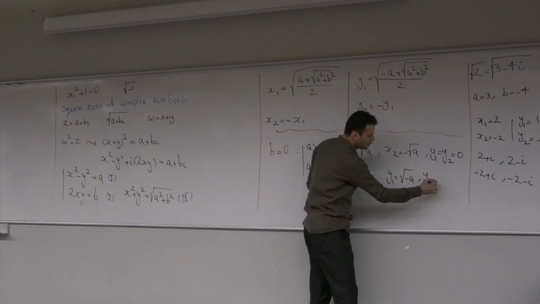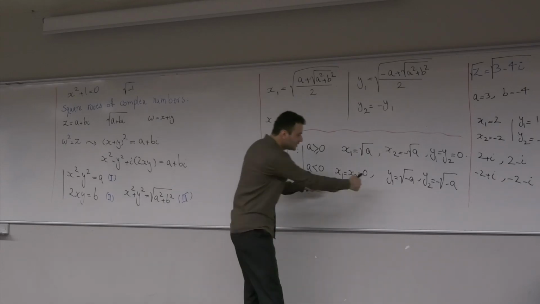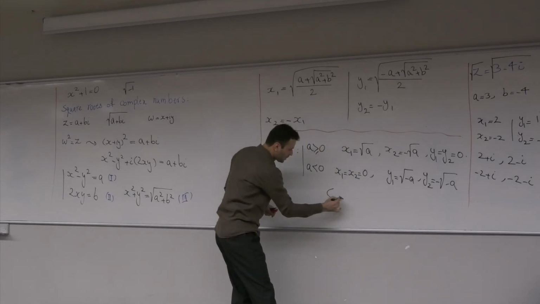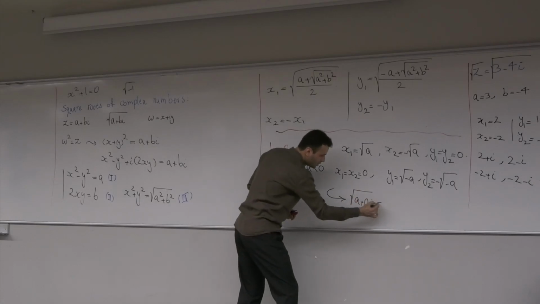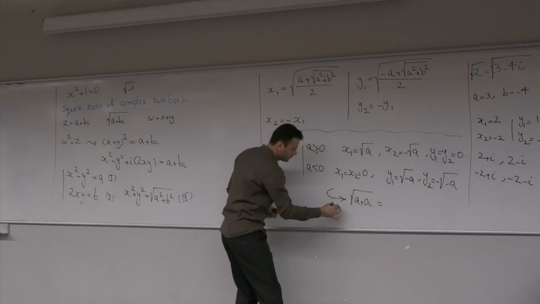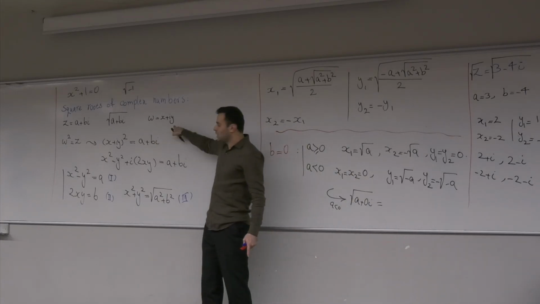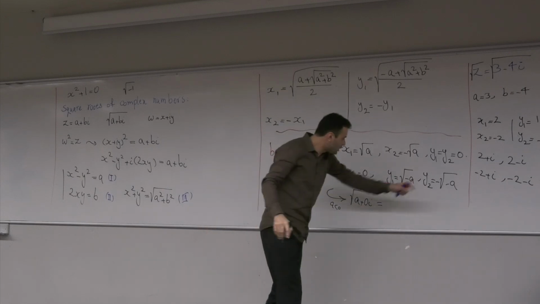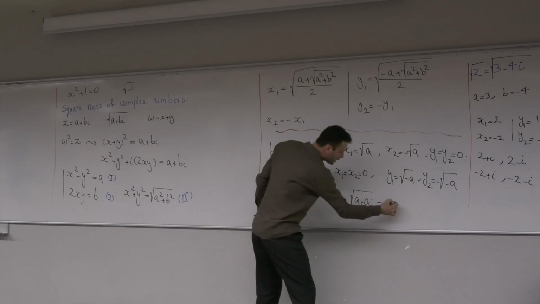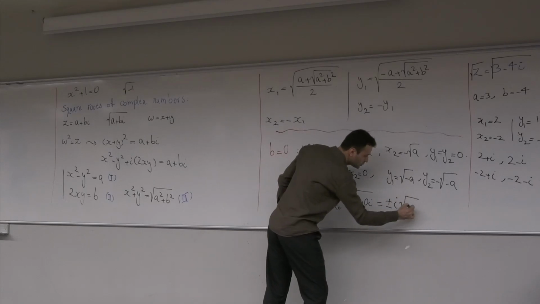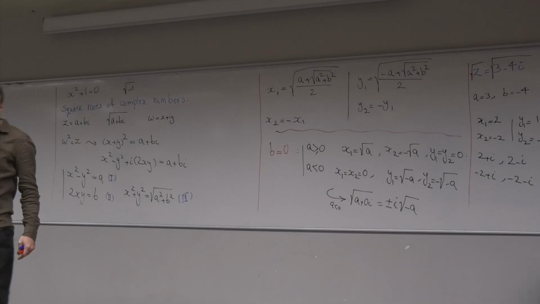What is our y2? Minus the square root of minus a. And in this case, what is the complex root of a plus 0i when a is negative? The x's are already 0. We need to place this value of y here, right? And it's going to be plus or minus, and from the formula, I have the i. I'm just writing the square root of minus a. Okay? And we are done with it.